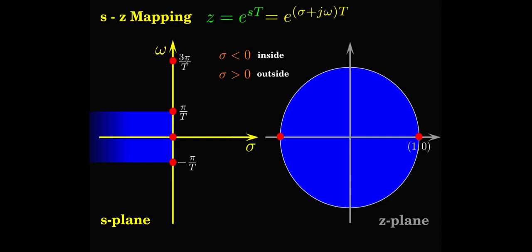Now let me take 3 pi by t, that is 2 pi by t more than pi by t. So another 2 pi by t. So this spans 2 pi by t. This is the base band. If you see, pi by t is a point equivalent to sampling frequency by 2. So from sampling frequency by 2 points, you will see that in the discrete domain, the base band repeats.